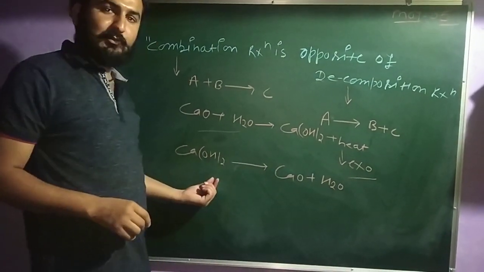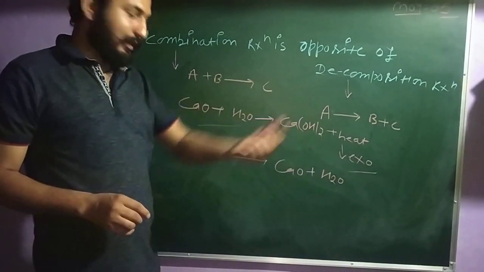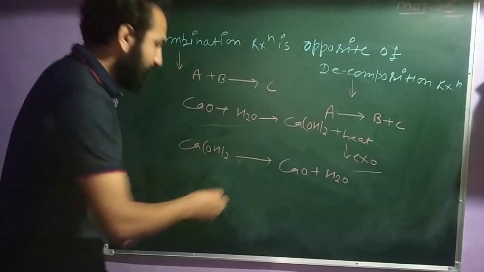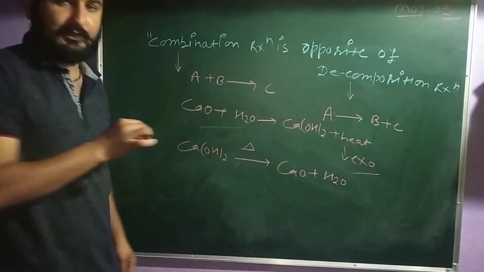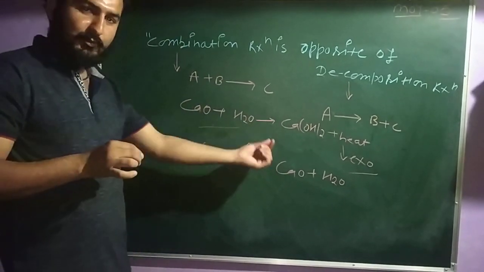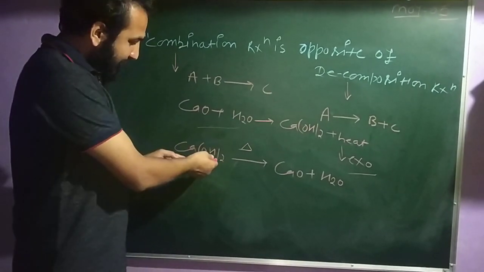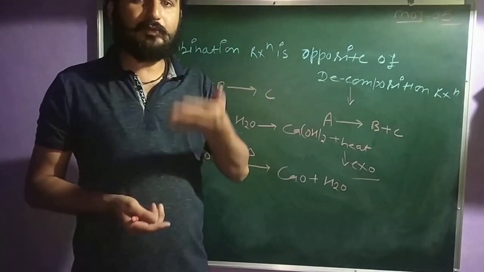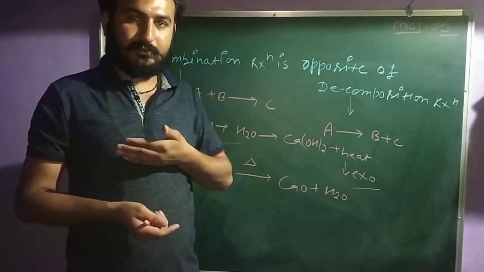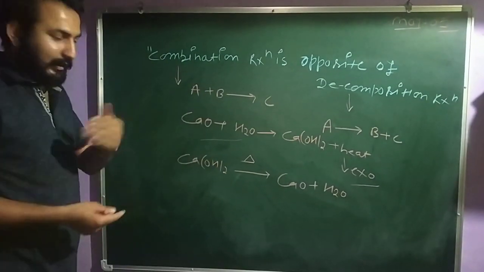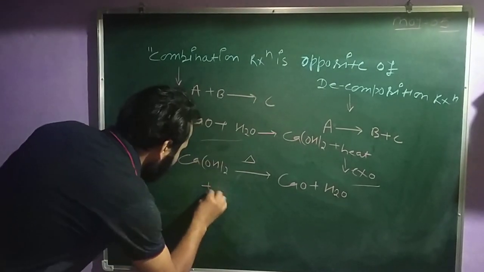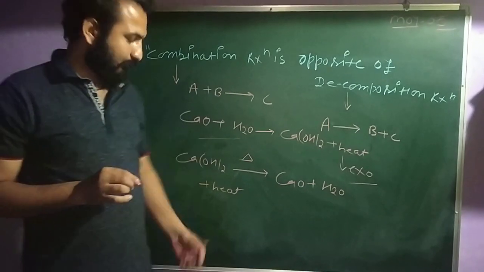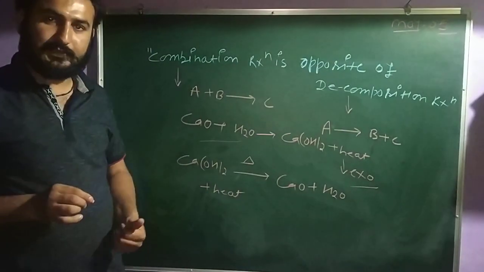When it breaks down, you have to provide some energy to it. That means this reactant species is absorbing some amount of energy. So it's better to write this heat here, that means plus heat along with the reactant species.